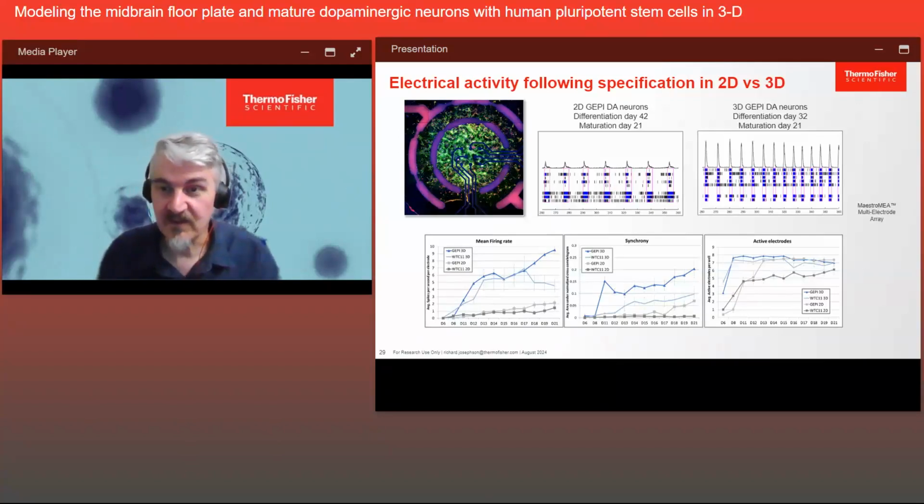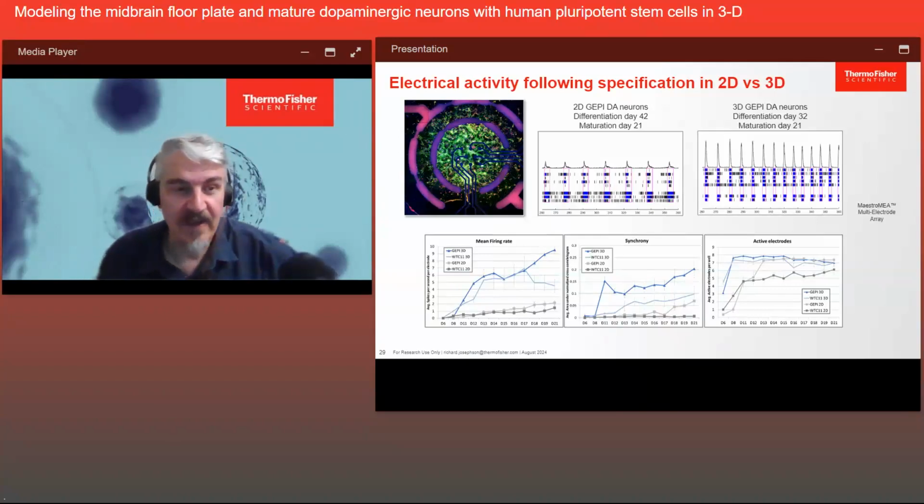So the protocol is shorter. This is day 32 of overall differentiation, but again, 21 days of maturation. And we can see that these two populations are both active by 21 days of maturation. We see coordination across multiple electrodes, telling you that networks are being formed.